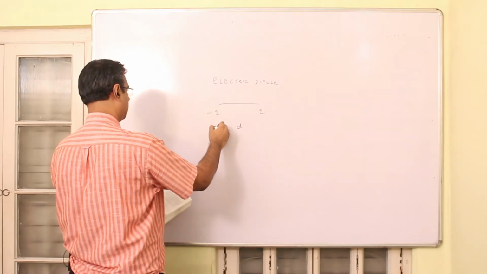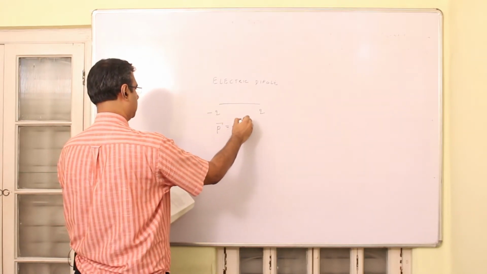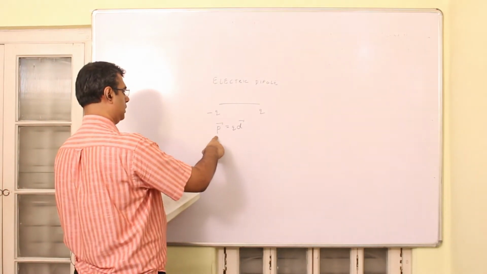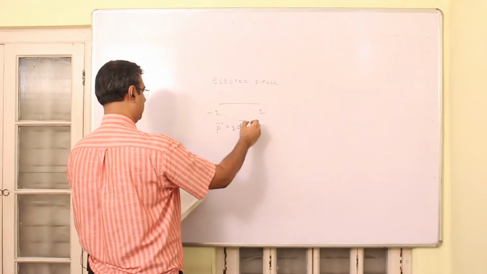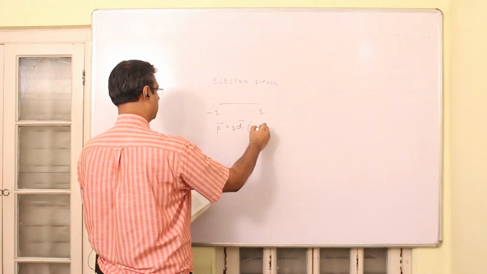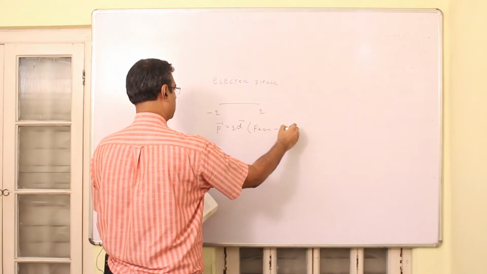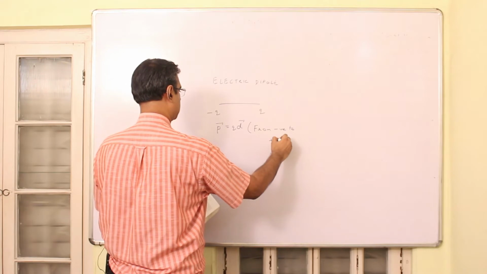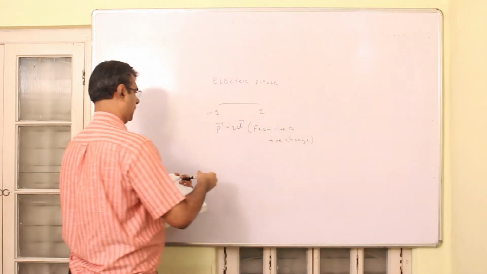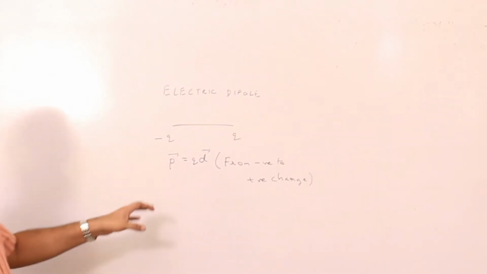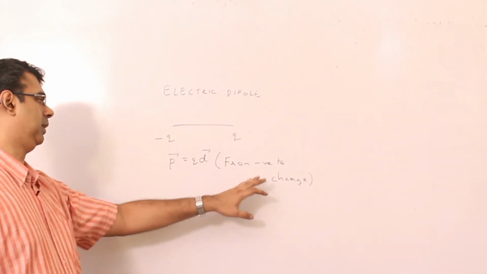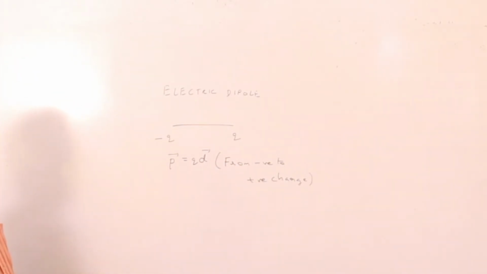Every dipole has a dipole moment associated with it. The dipole moment is a vector. So vector p is q into d, and the direction of d is from negative to positive charge.